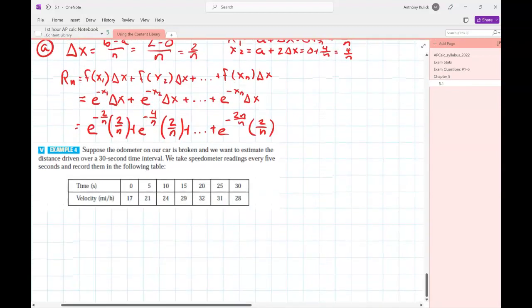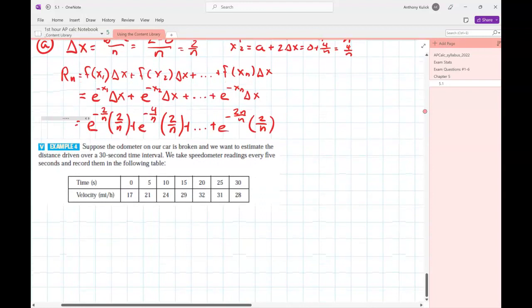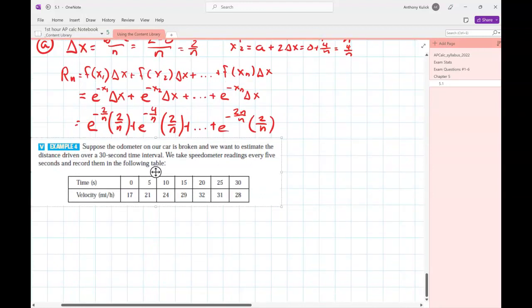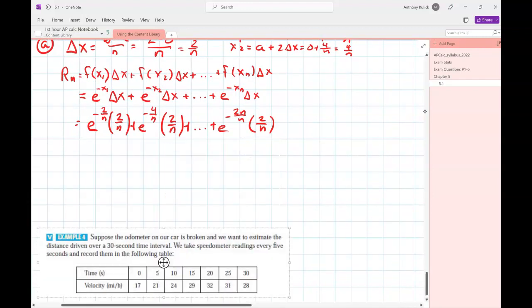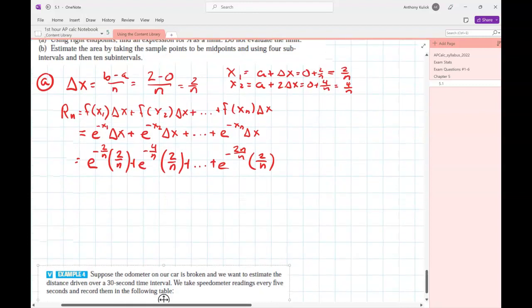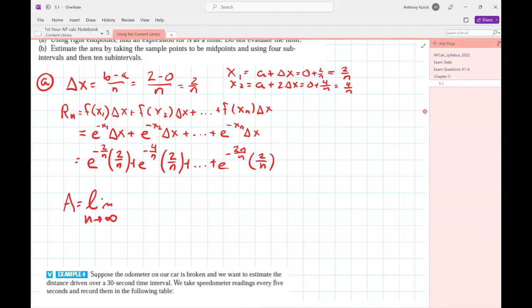Oh boy. Okay. So my area then is going to be the limit as n approaches infinity of that stuff. And in fact, let's make our lives easier, right? Just factor that 2 over n out.